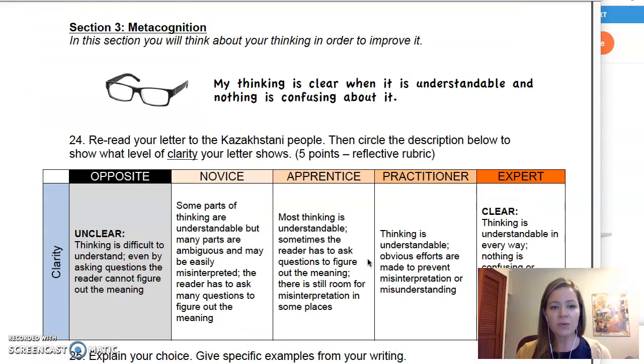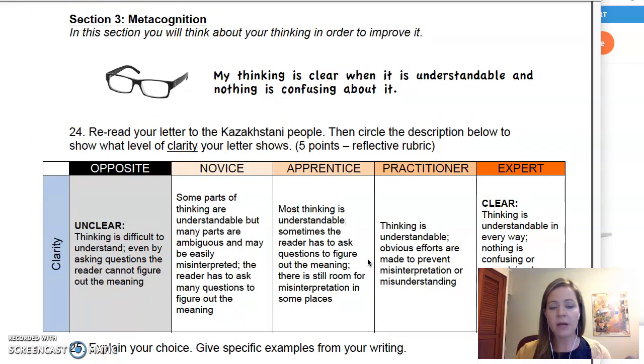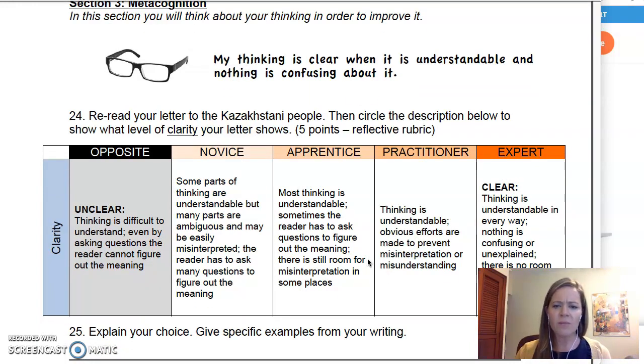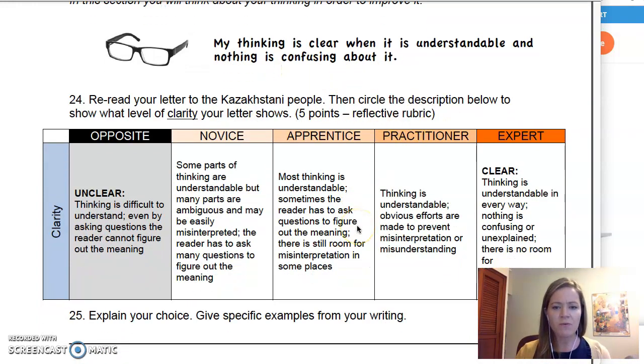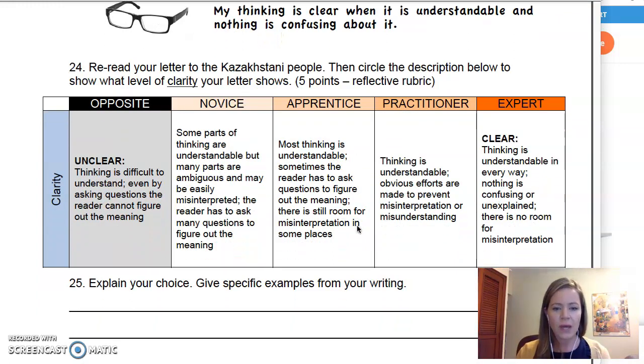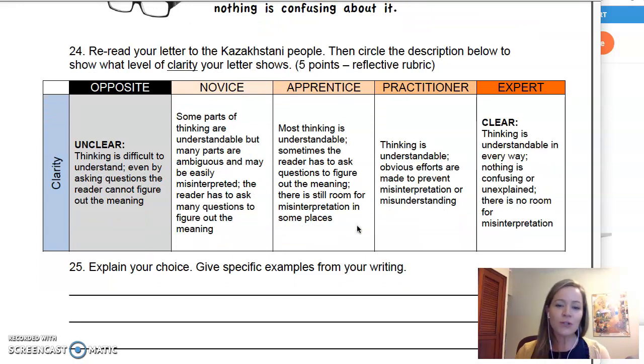And then the last section we always included on our assessments was about metacognition, having students reflect on their thinking. It says here 5 points, but I think we never really actually graded that, or maybe we left that up to the teachers of whether or not they actually wanted to score that. But we wanted students to take the time to look back at their writing from the exam and decide where they were on this rubric about clarity.